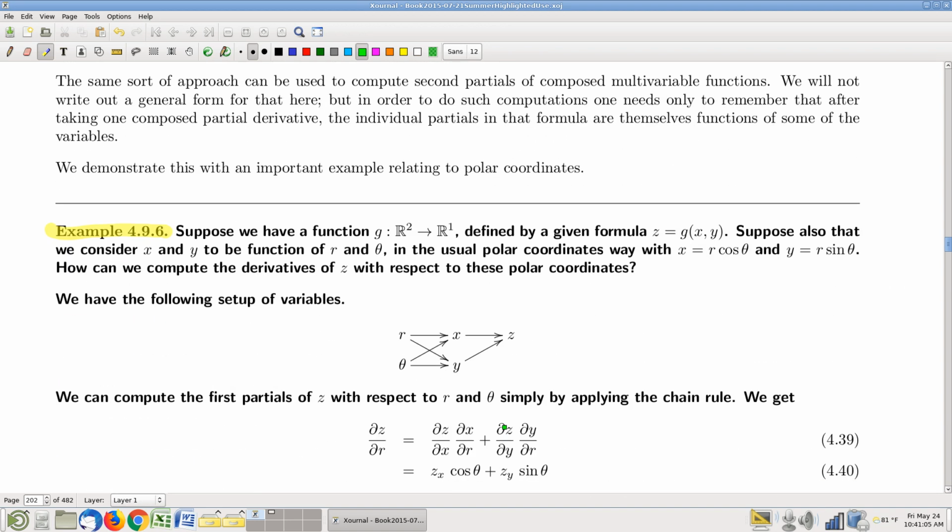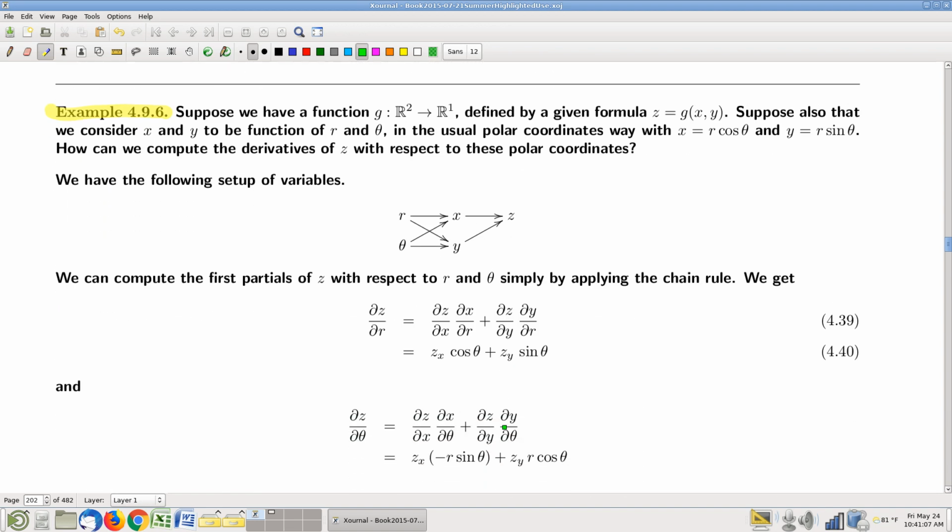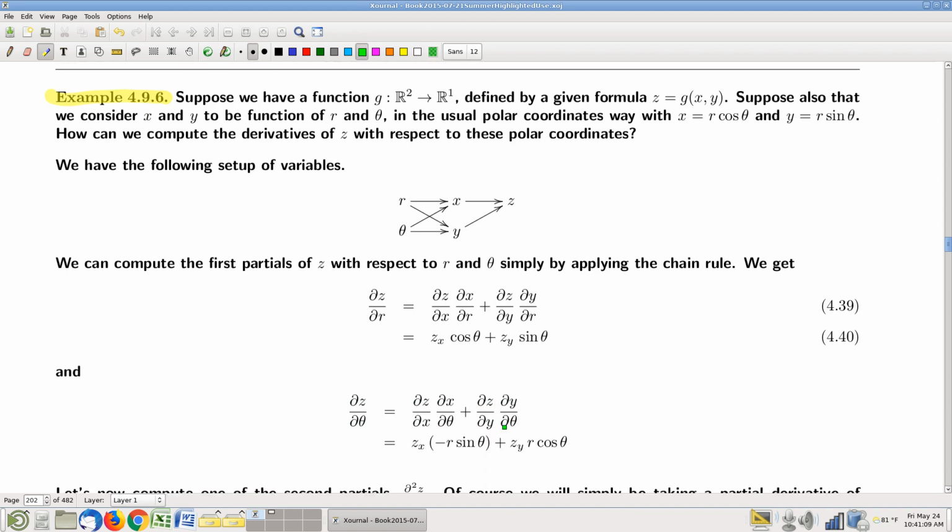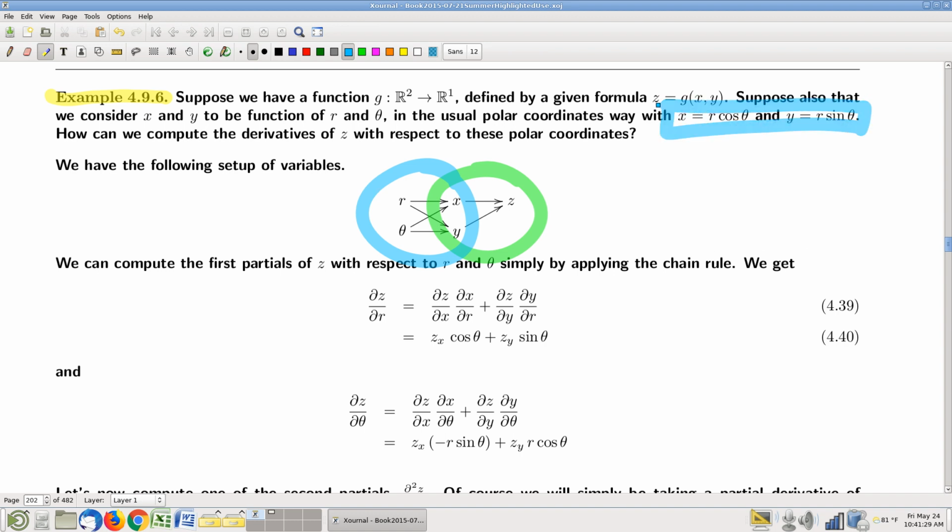Okay, so let's consider now the multivariable version of this, and morally we're going to take the same approach. Here's a chain rule scenario where I have one function, z is a function of x and y, composed with a different function, x and y are functions of r and theta. I'm going to use the usual polar coordinates formulas for x and y as functions of r and theta.